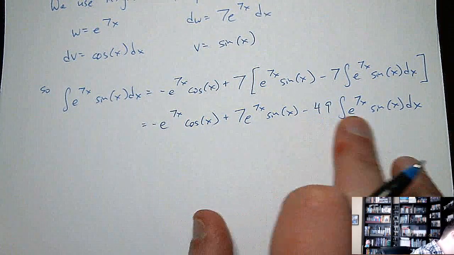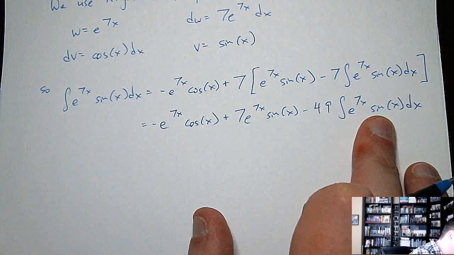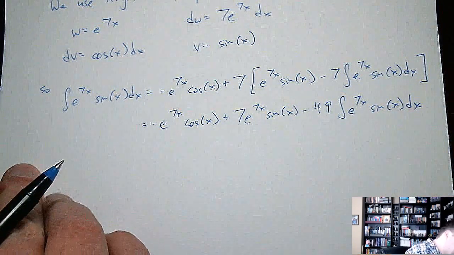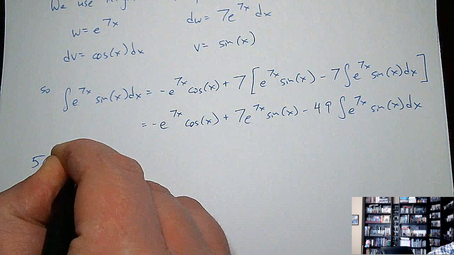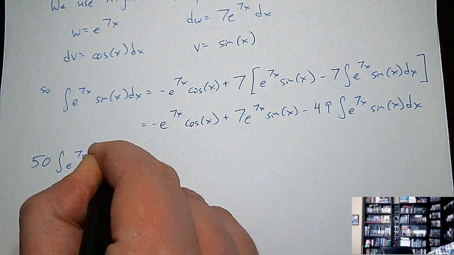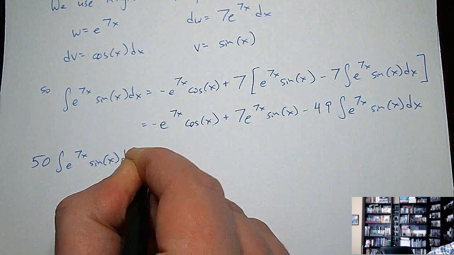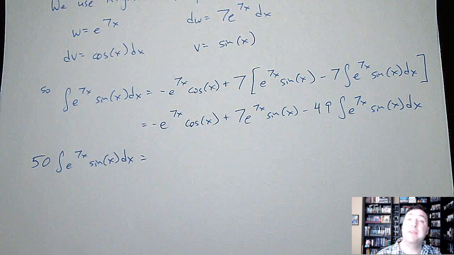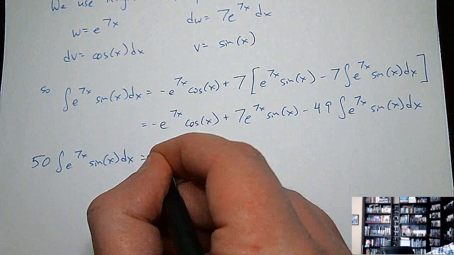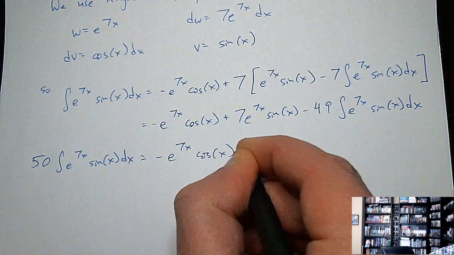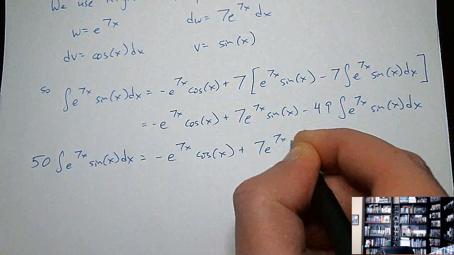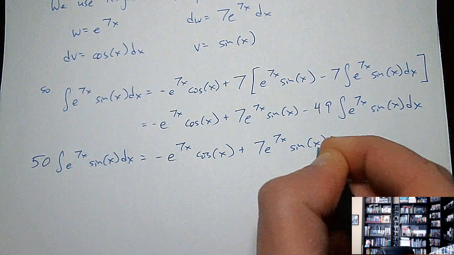So if we've got 49 of them being subtracted on the right-hand side, we can add 49 of them to the left-hand side. So then 50 times the integral of e to the 7x sine x is going to be equal to negative e to the 7x cosine x plus 7 times e to the 7x sine x.